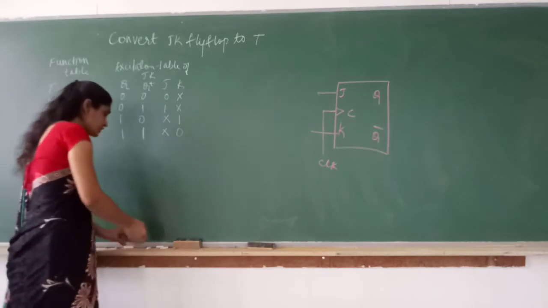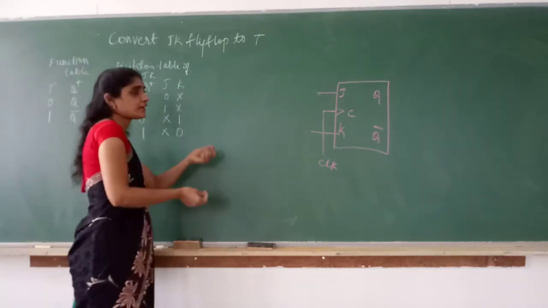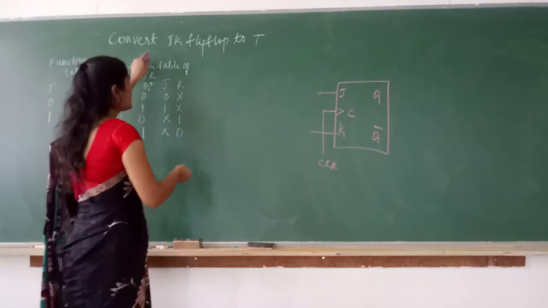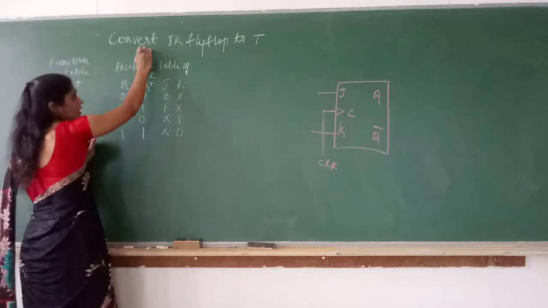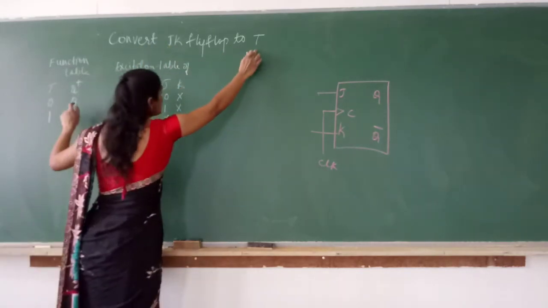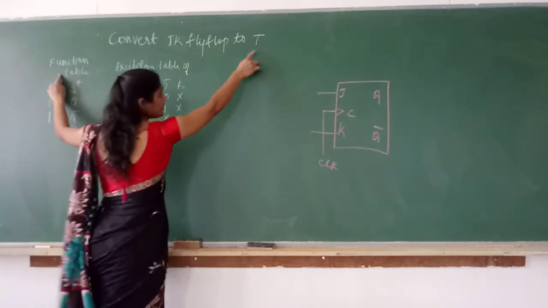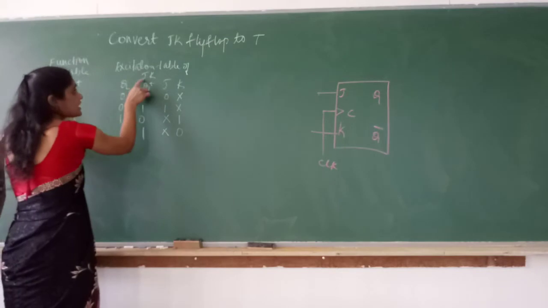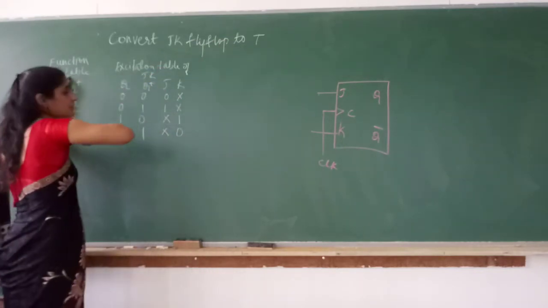For that we again have to construct a table, which we can call the excitation table. To write the excitation table when converting JK flip-flop into T flip-flop, you have to keep the function table of T flip-flop ready. You keep the excitation table of JK flip-flop ready and the function table of T flip-flop.